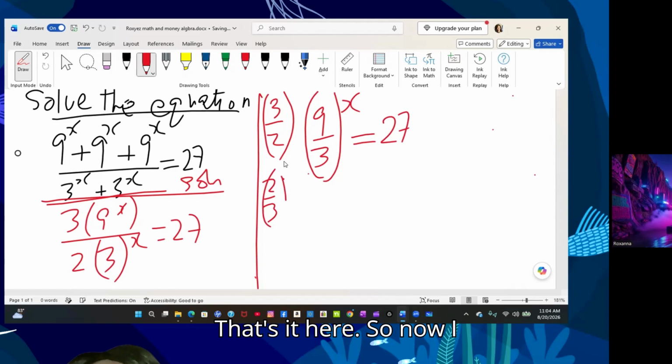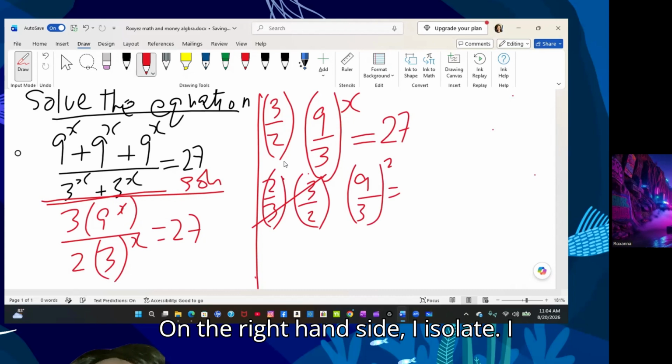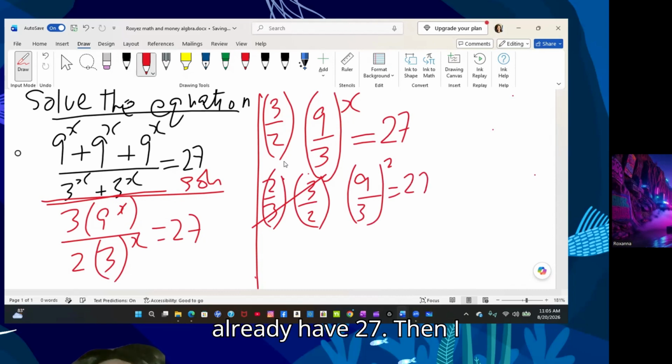So now I have 2 over 3 multiply 3 over 2. That means this cancels. So now I isolate only 9 over 3 to power x. On the right-hand side, I already have 27.